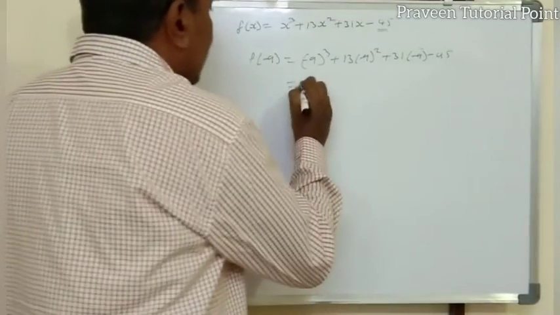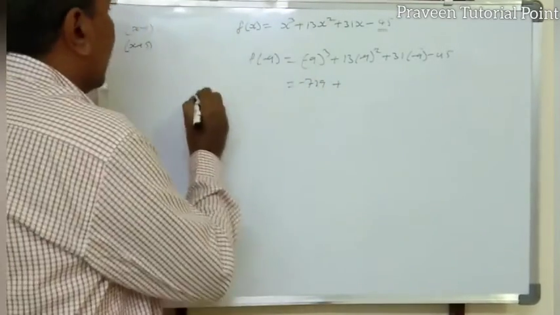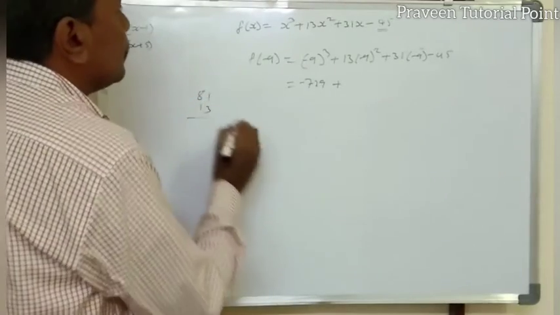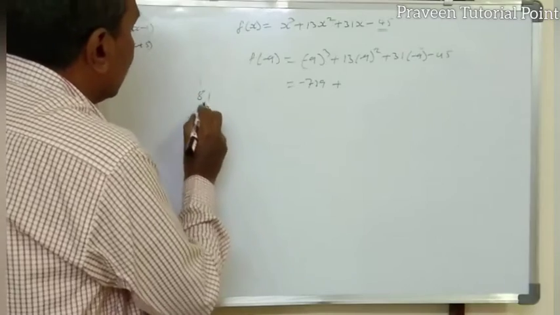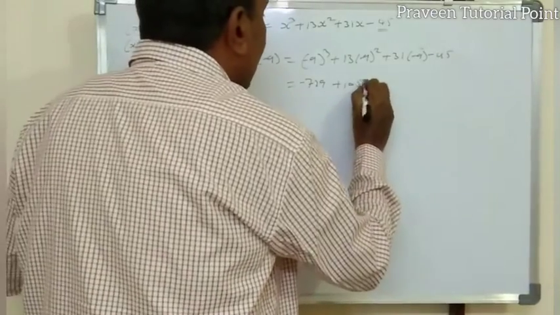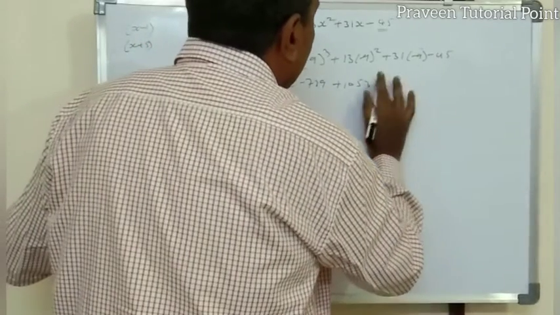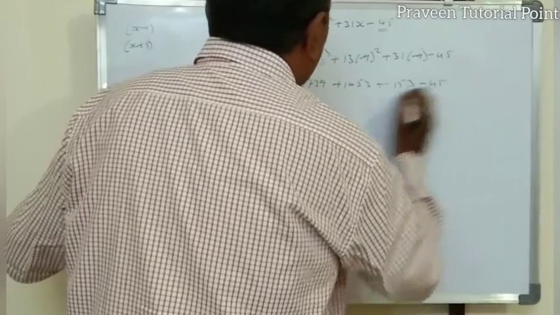Minus 9 whole cube is minus 729, plus 81 into 13, which is 1053, minus 279, minus 45.